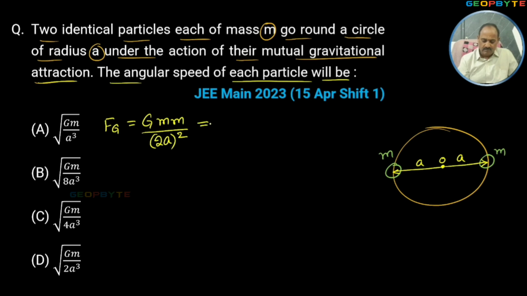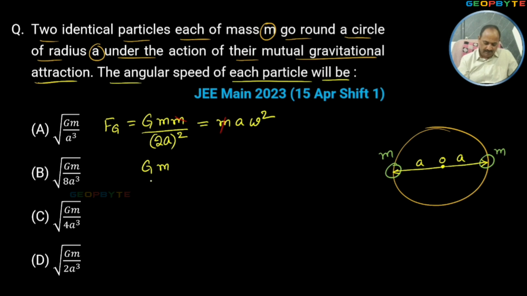It must be equal to the centripetal force, that is m into a into omega square. Therefore, it can be written as G m square, and one m is cancelling.